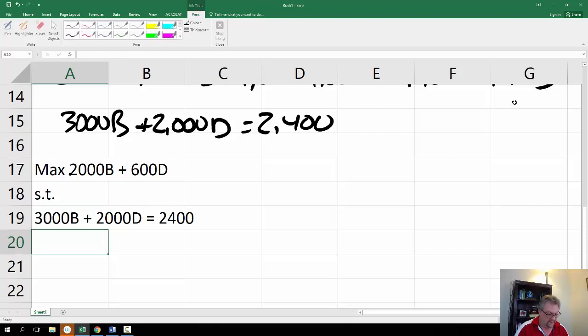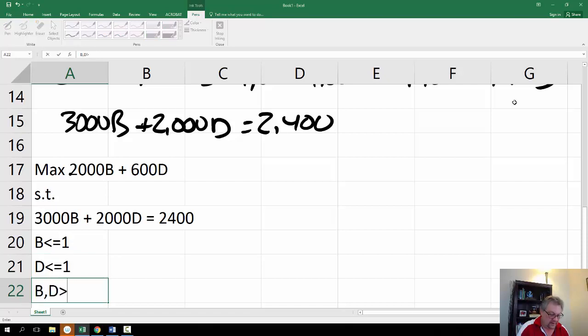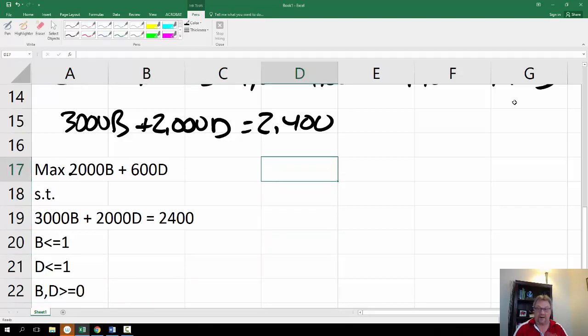And then, of course, I have B less than or equal to 1, D less than or equal to 1, and then I have my non-negativity constraints where B, comma, D has to be greater than or equal to 0. So there is my problem.